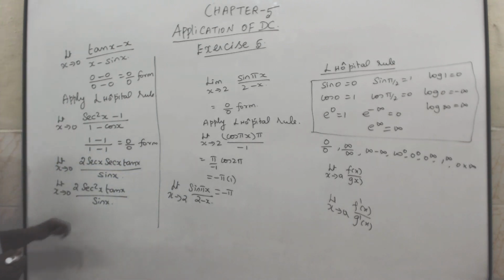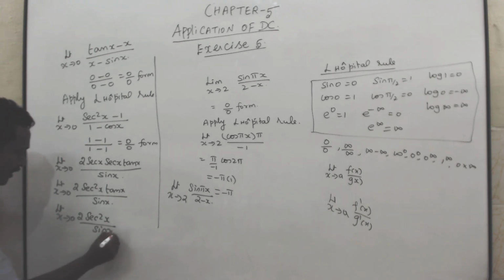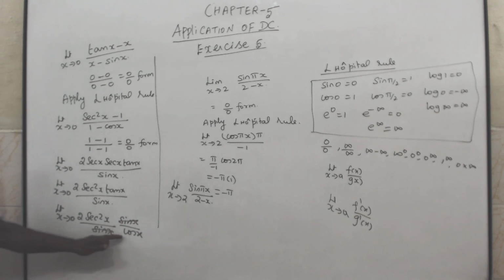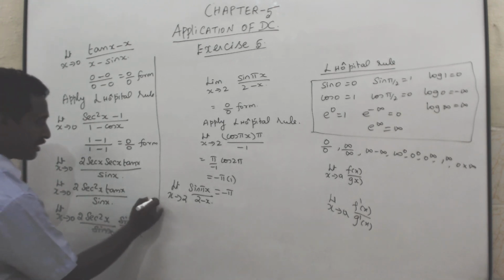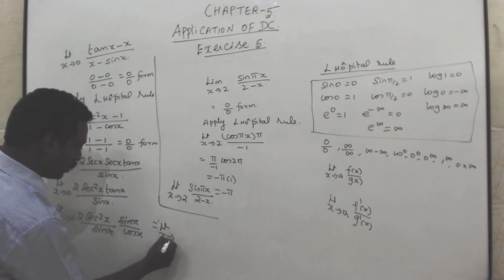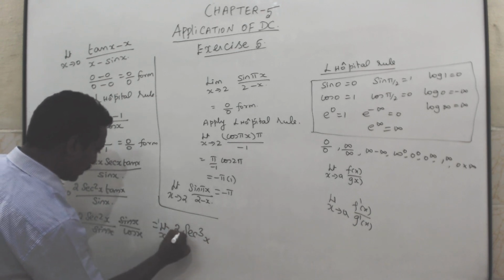We know that tan x is sin x by cos x. So limit x tends to 0, 2 secant square x tan x by sin x: one sin cancels, and 1 by cos is secant. So secant into secant square gives secant cube x, that is 2 secant cube x.